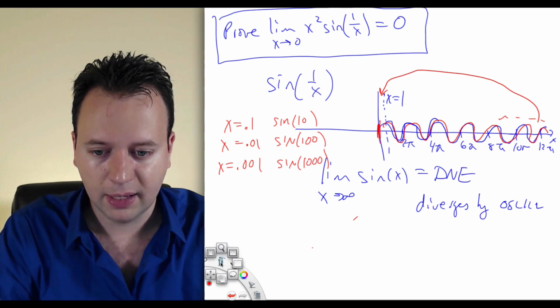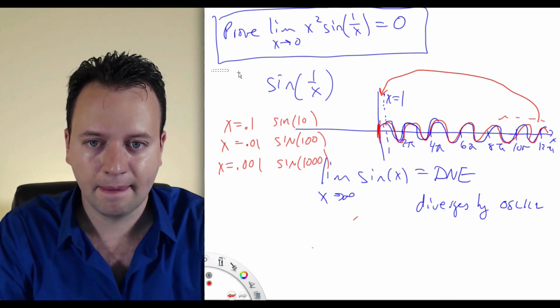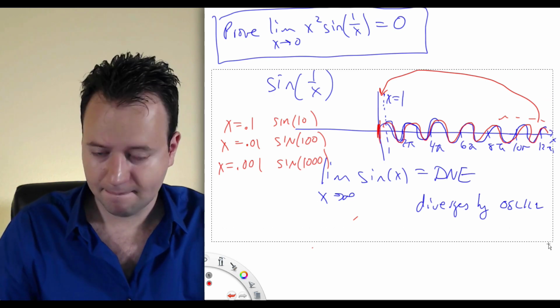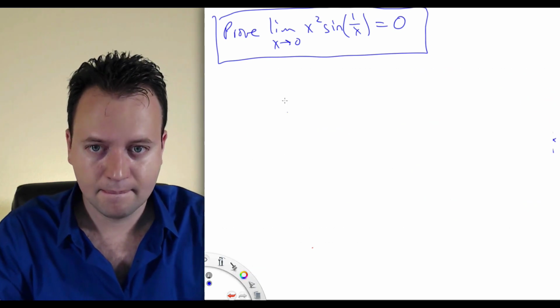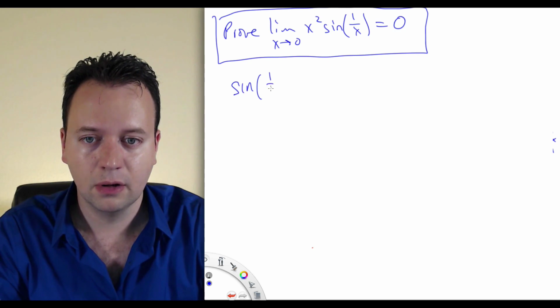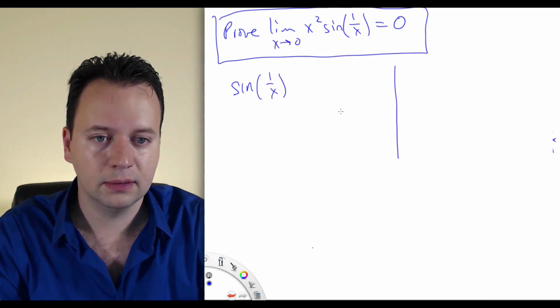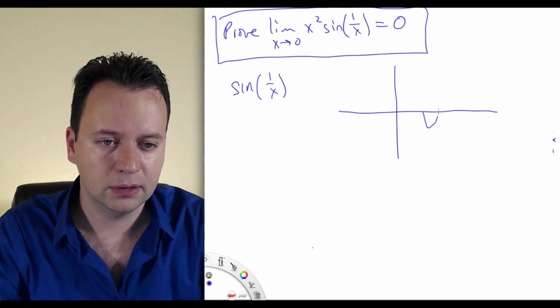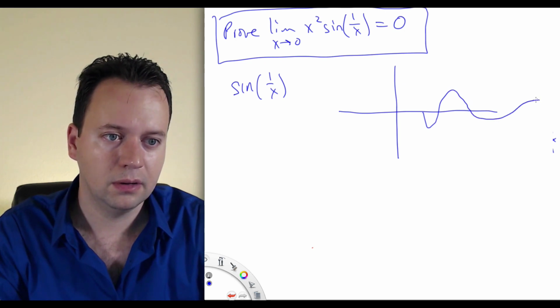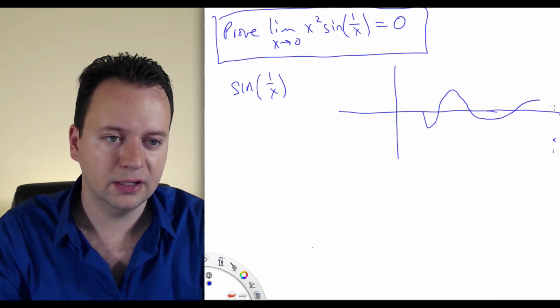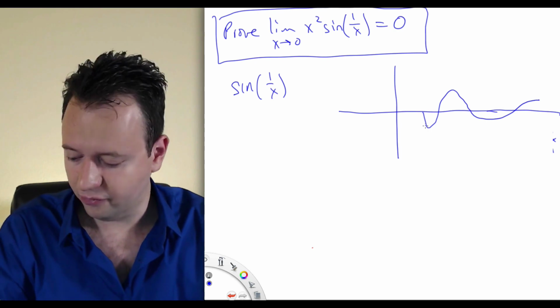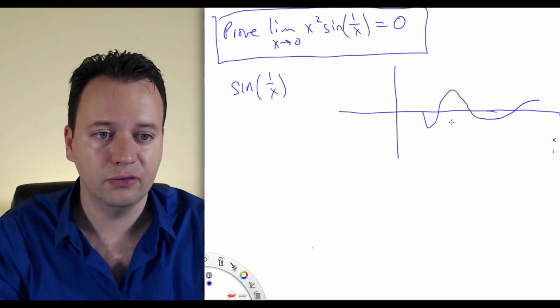So what does that look like? So sine of 1 over x, let's start here. In fact, maybe it doesn't oscillate much at all. It's probably only a fraction of an oscillation outside of 1.